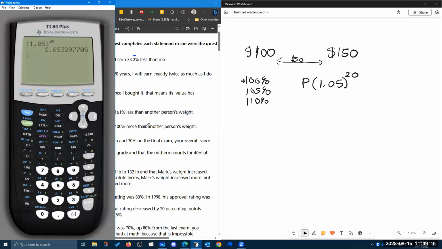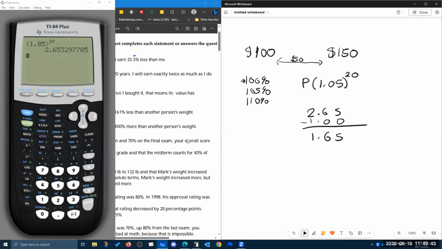Not double, and then subtract off the original amount that you made, and there it is. That's how much more.